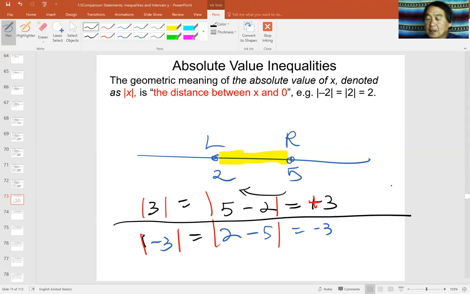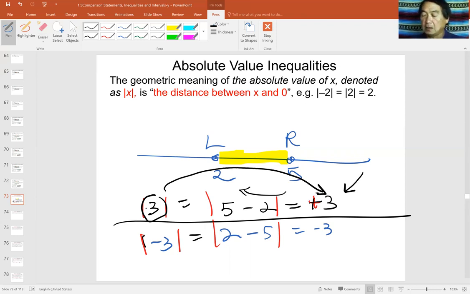In the case of 3, no problem, because it's positive. I just take it as is, out of the absolute value sign. Hence, the rule is if x is positive, bigger than 0, the absolute value of x will be just itself. But if what's inside the absolute value is a negative number, then we make it positive.